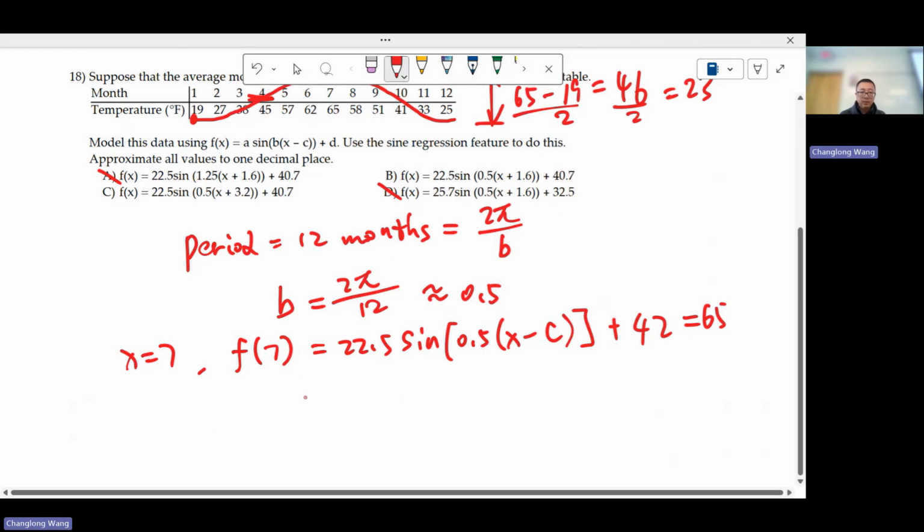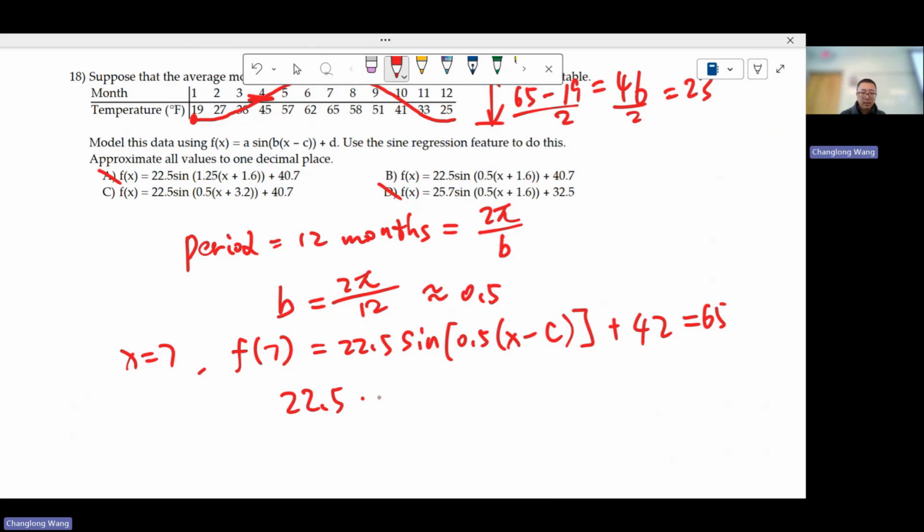I hope that you're going to do some algebra like you did before, right? Isolate the sine piece by subtracting 42 from both sides. So we're looking at 23, and divide out, oh, you know what?